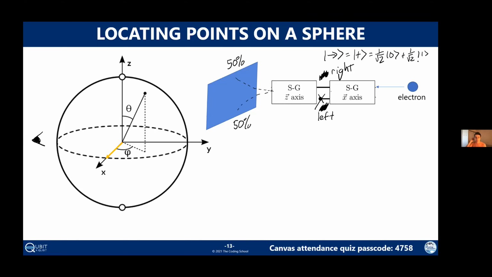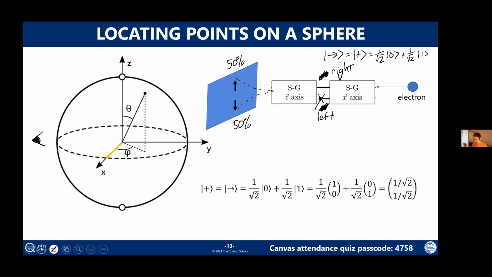So ket plus is just a 50-50 superposition of ket 0 and ket 1. When we pass it through the z-axis measurement, as expected, we get 50% ket 0 and 50% ket 1. So they go up and down.